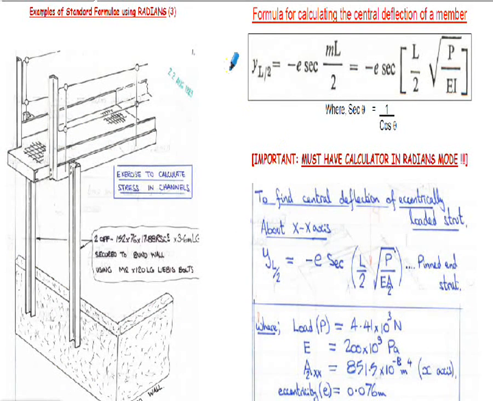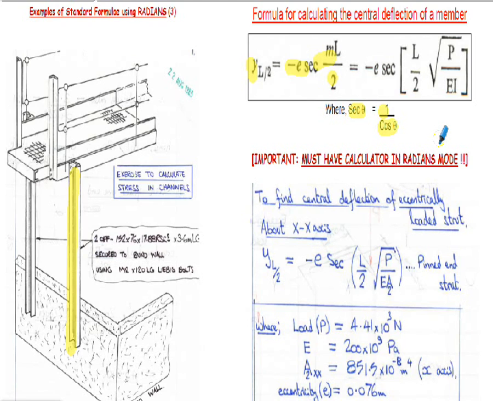And one final example of where we need to use radians, this formula here for working out deflection at the mid-length of a strut, shown here, is given as negative E multiplied by the sec of ml upon 2. Now sec is a function that's actually the reciprocal of the cosine function, so sec of theta is actually 1 upon cos theta. So because that's a trig function, we now need to be careful which angle measure we're using, degrees or radians.